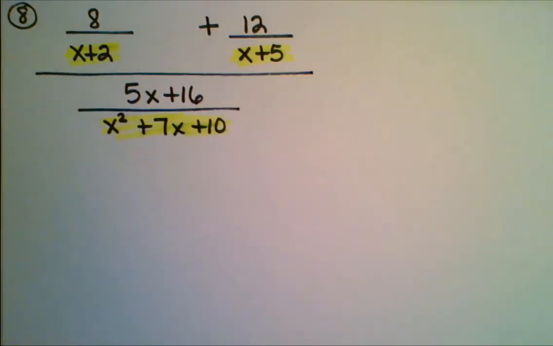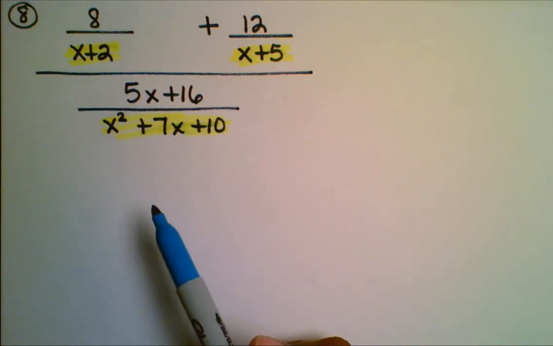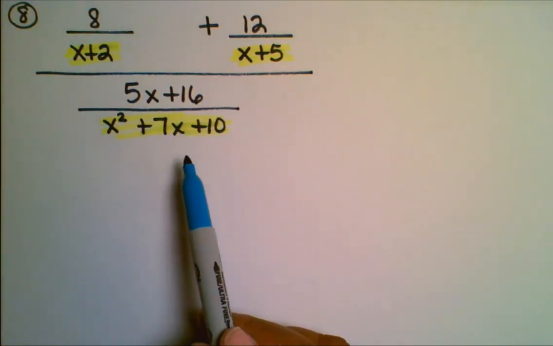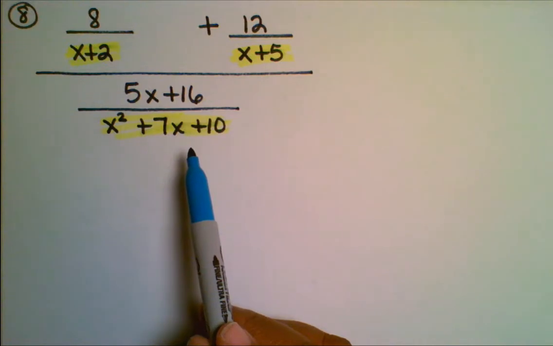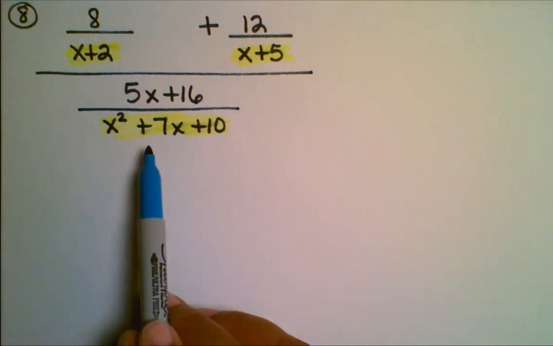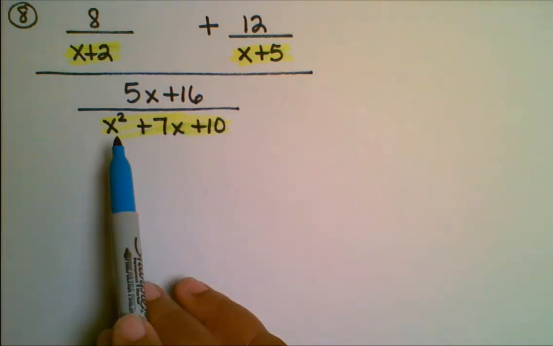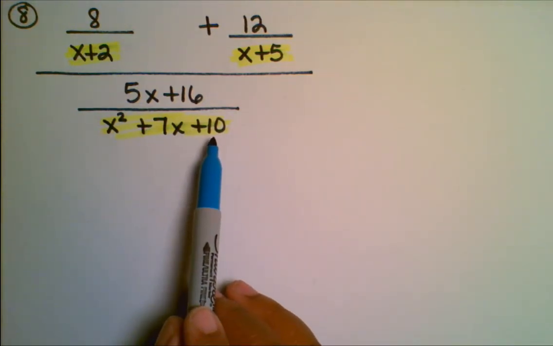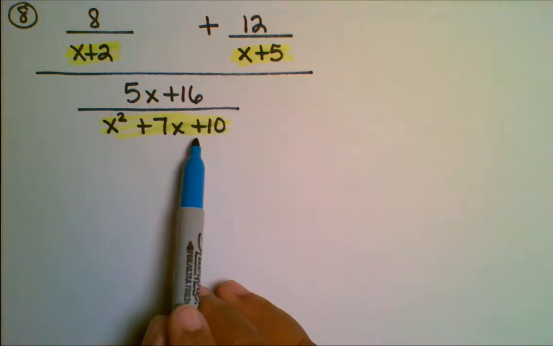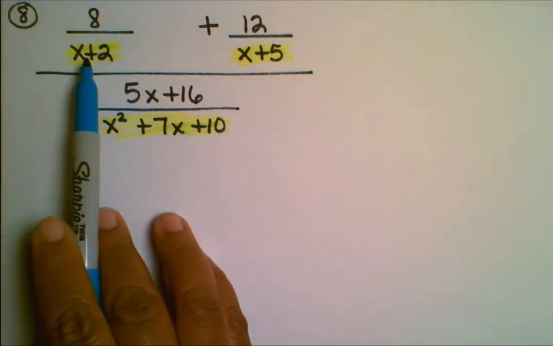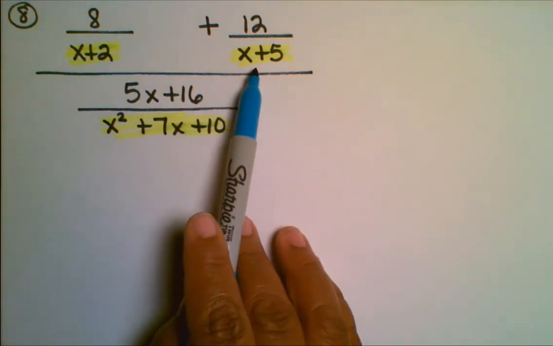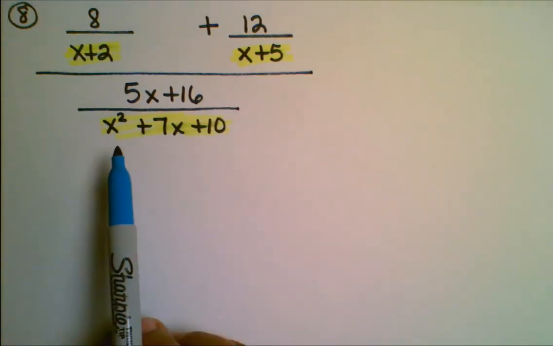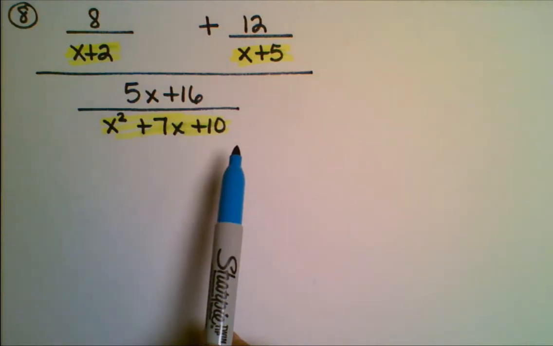What I like about this question, and a lot of times, when you look at the denominator and we want to eliminate that, it will tell you what the LCD is. So this x squared plus 7x plus 10, factor that, and its factors will be the x plus 2 and the x plus 5. Those are the factors of x squared plus 7x plus 10.